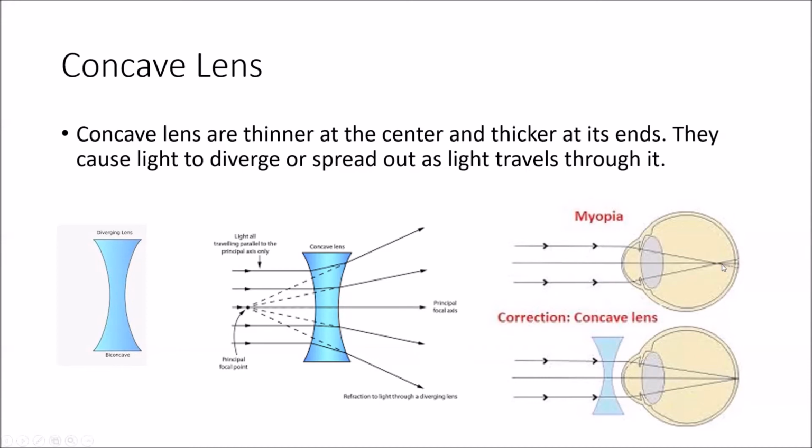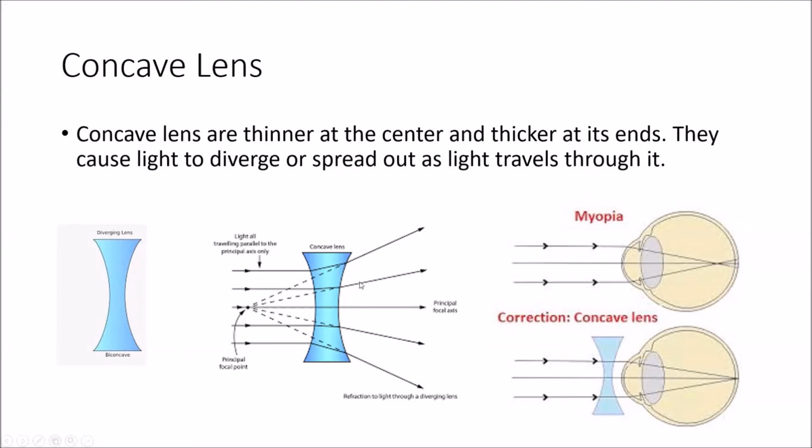Okay, so if you look at this picture here, you see that the light is coming into this person who is short-sighted, and that light is being focused at this little spot right here. Now, what should actually happen is that light should be focused at the back of the eye where the retina is. But because it focuses here, that causes them to see a blurry image.